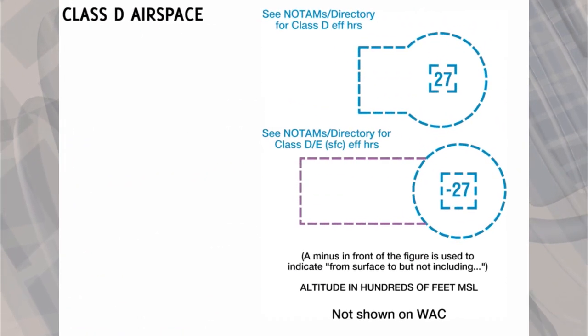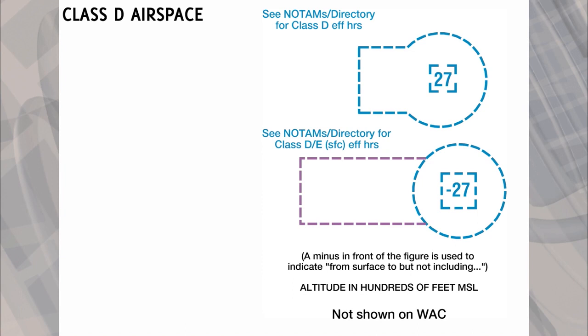All right, we talked already in the basics about what Class Delta looks like. Class Delta is shown here in the very top airspace. In this case, it looks like a keyhole. They extended some of the Delta out on one side because they've got a zone over there where they've got an ILS approach for instrument landing at this airport, so they want to protect it a little bit more, so it's jutted out to the side.